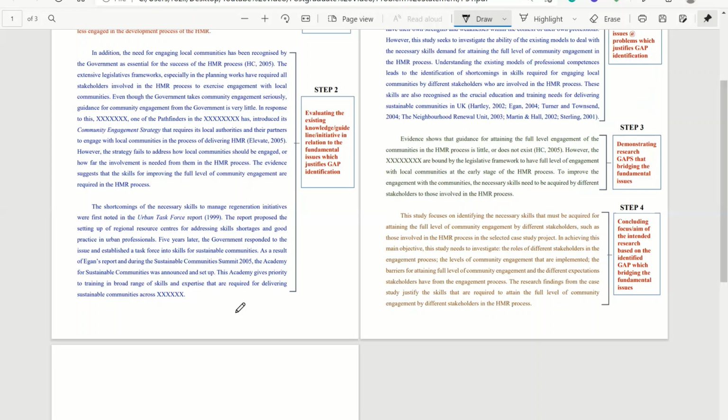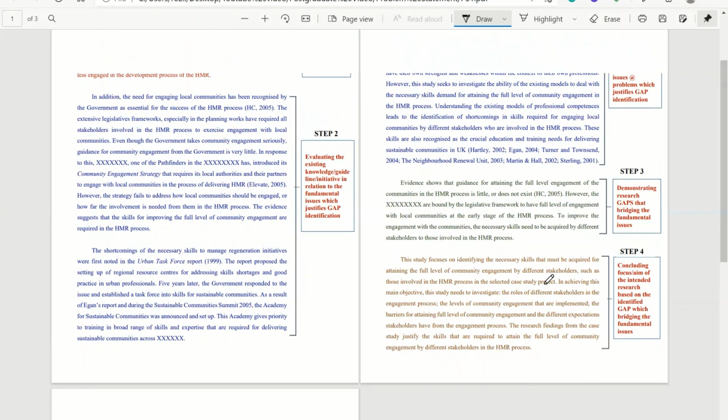So this is the second step, the second component: evaluating the existing knowledge, the existing initiatives, guidelines, or policies that are already established and known, within the subject matters that the researcher already identified in the first paragraph.